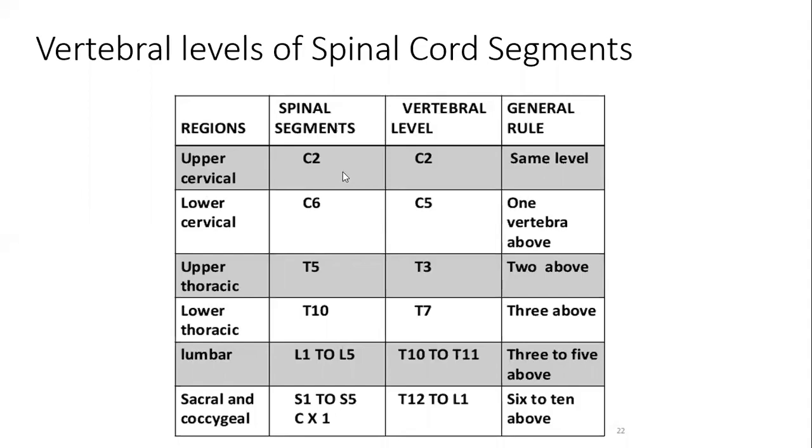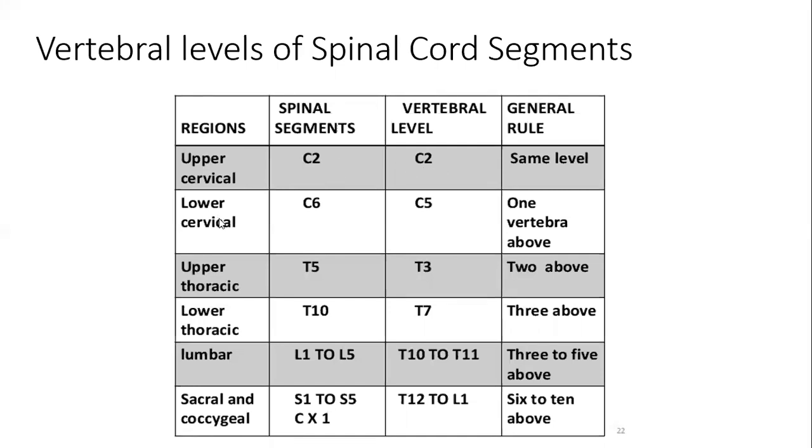Here I'm talking about the second cervical vertebra. At the level of the second cervical vertebra, we have which segment of the spinal cord? Second cervical segment. So they are lying in correspondence to each other.